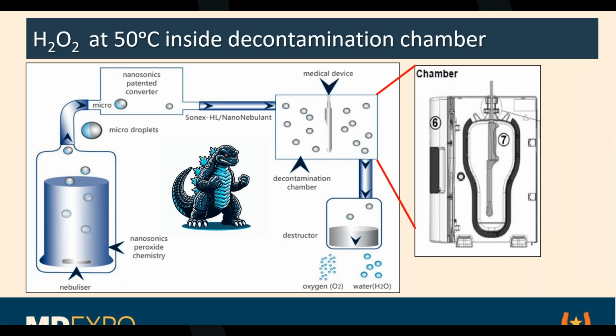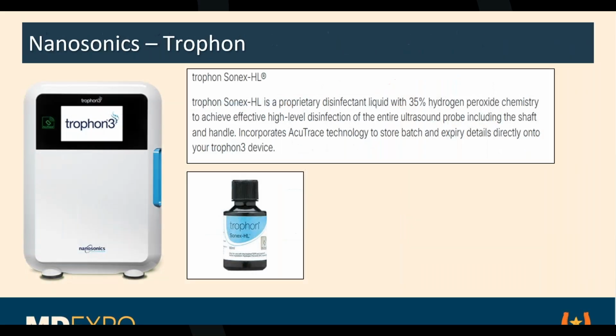Then they can't use it anymore. To destroy those, they have something called a destructor, and I thought of Godzilla when I thought of that, the oxygen destroyer, so I had to put him up there. But those things break. They use their own drops of material as well.